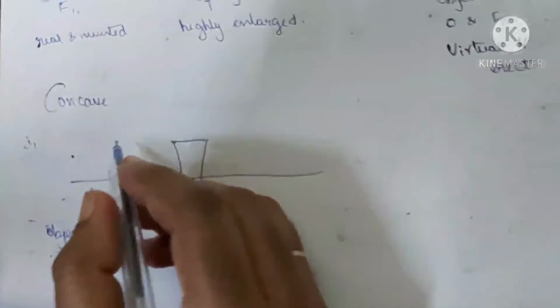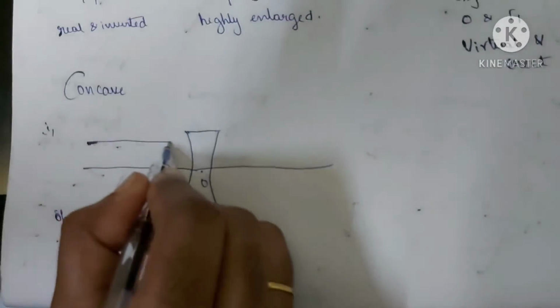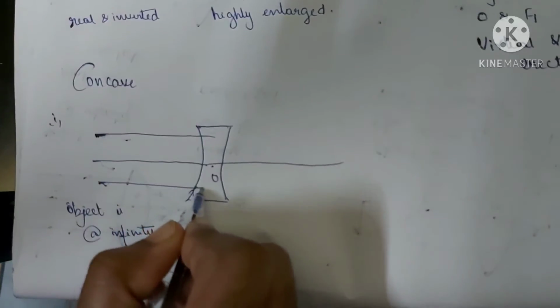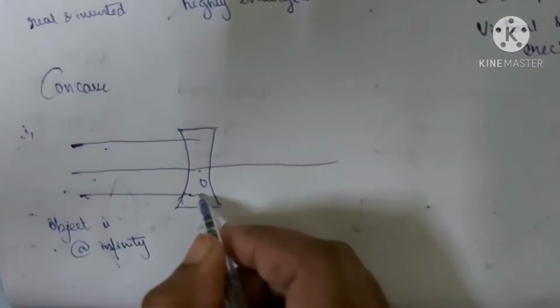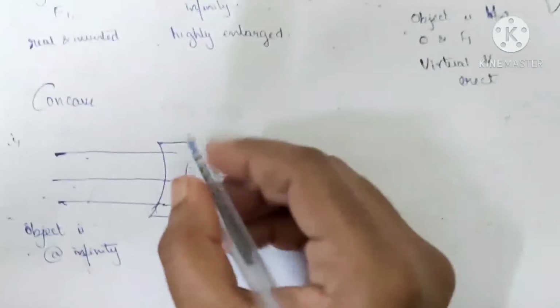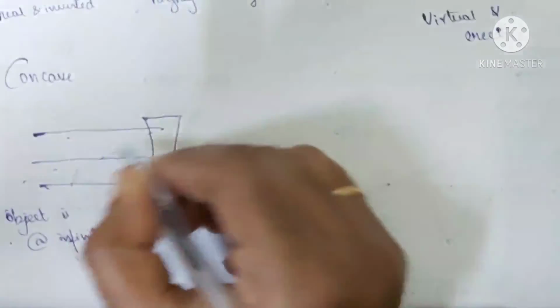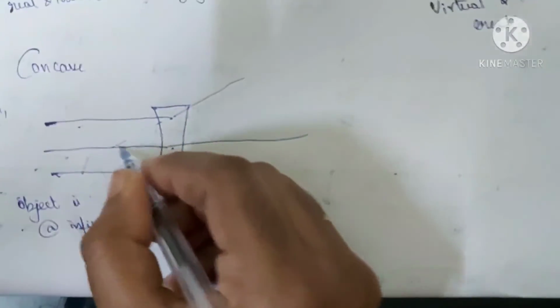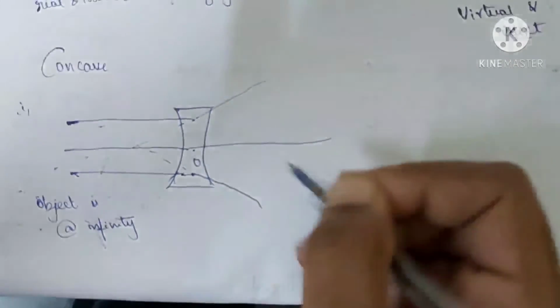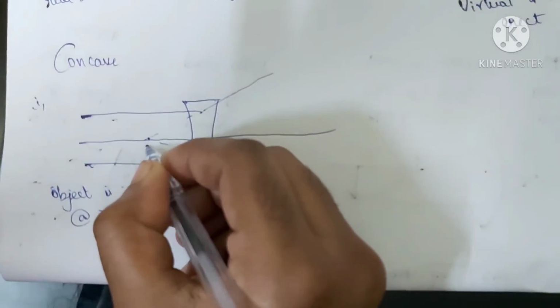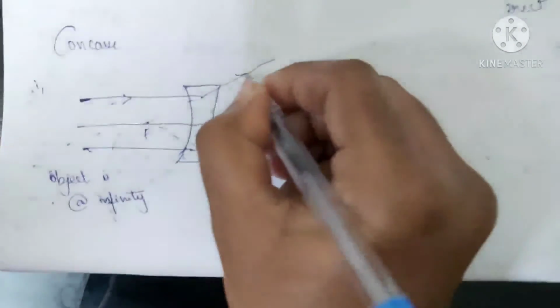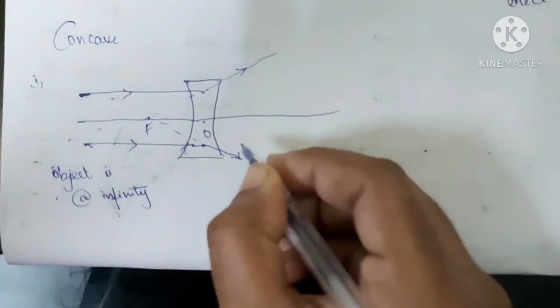The rays will get diverged in such a way that they appear to come from the focus point. So your image will form like this.